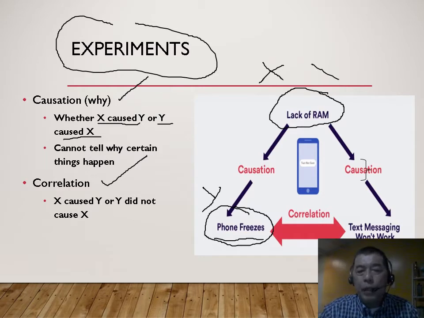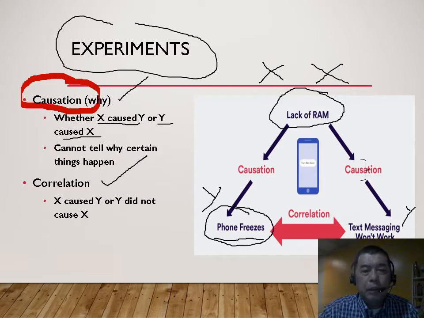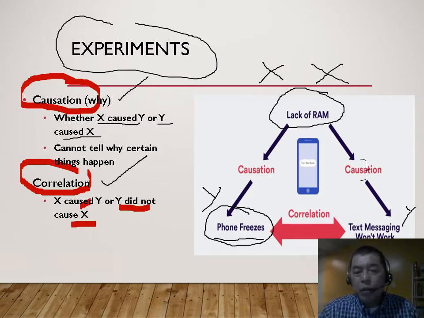Because of inadequate RAM, the text message won't work because the phone freezes, because of the X variable, which is the inadequate memory capacity of the RAM. So this is a typical example of causation. Now, the correlation exists. The X caused Y, or the Y did not cause X. So the correlation is between the phone freezes and the text won't work.